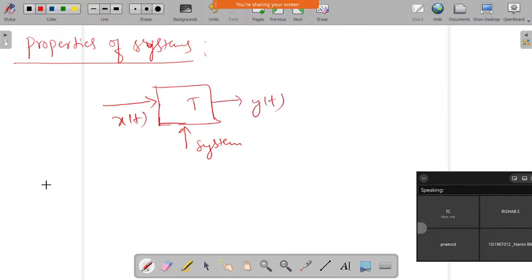So a system can be defined as an entity which manipulates or processes the input signal given to it. That is the definition of a system.